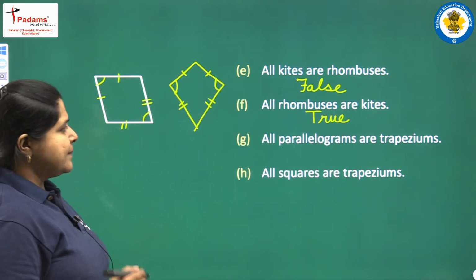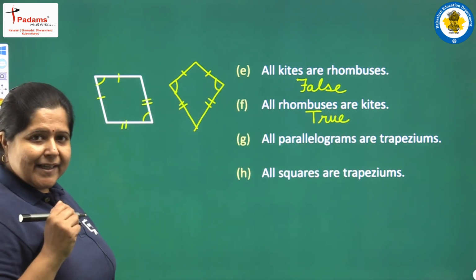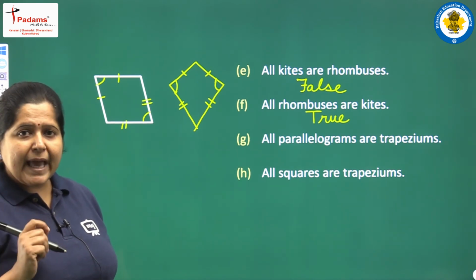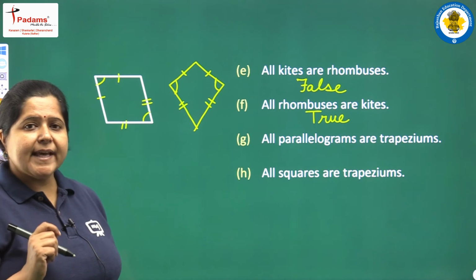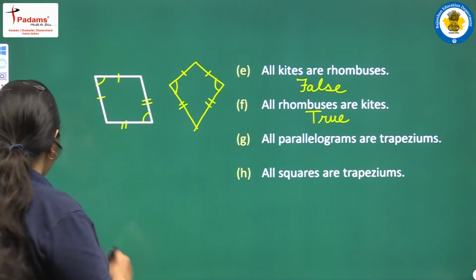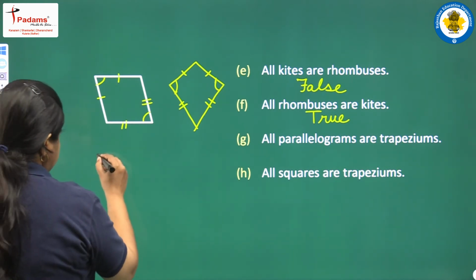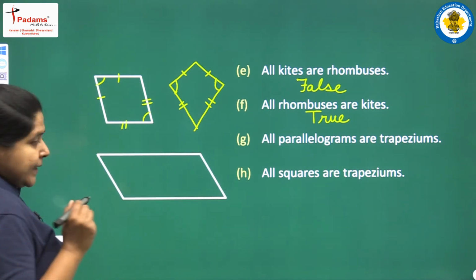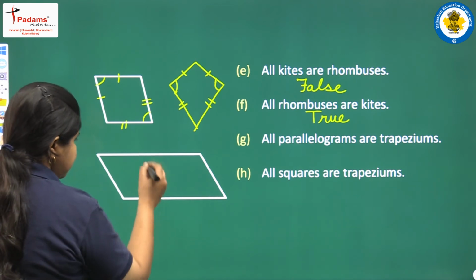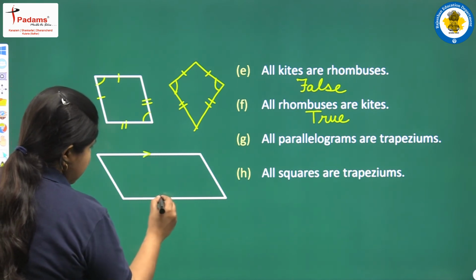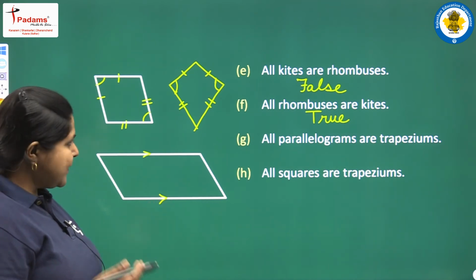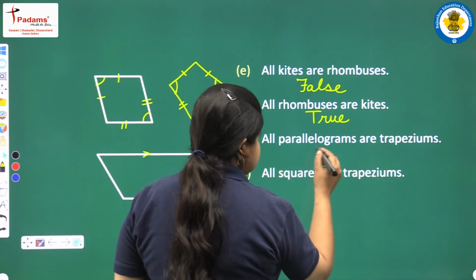All parallelograms are trapeziums. What is the property of a trapezium? In a trapezium we have one pair of opposite sides parallel. Let me draw one parallelogram also. This is a parallelogram. Here also we are having this pair of opposite sides parallel. So yes, it is a trapezium. So we can say all parallelograms are trapezium.